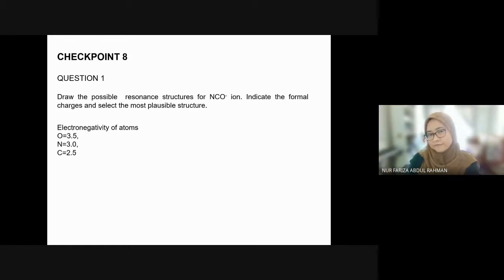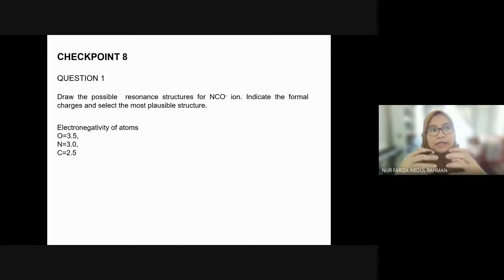Normally we would have three resonance structures, though it can be more. We want to select between those three structures which one is the most plausible. Plausible means most preferable or most stable form of the ion, in this case.